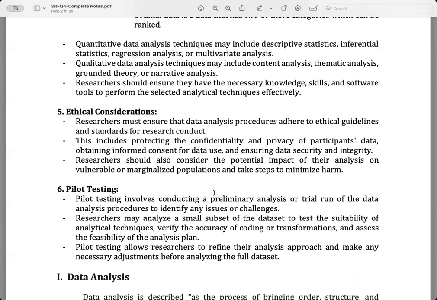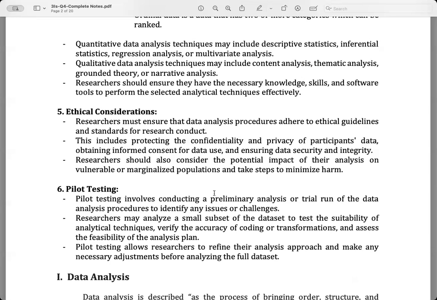Now, pilot testing is also part of data analysis, in which it involves conducting a preliminary analysis or trial run of the data analysis in order to identify any issues or challenges. Usually, if we have time, we do pilot testing, and this would include running your initial data and seeing how the data turn in, what results or findings they provide.